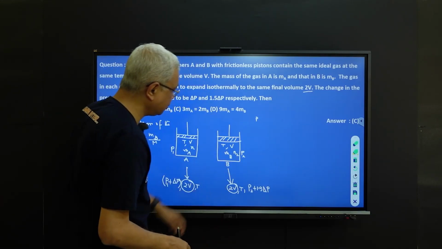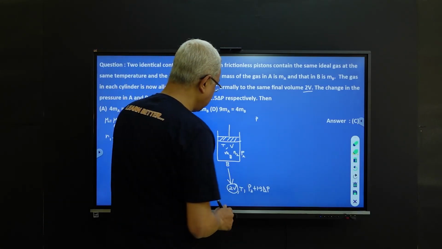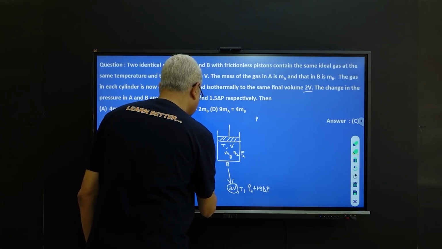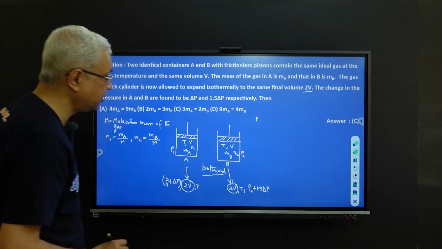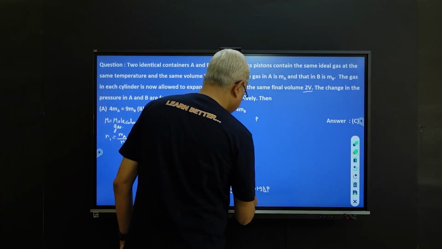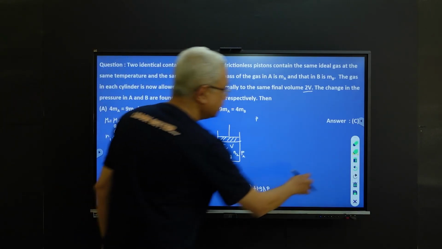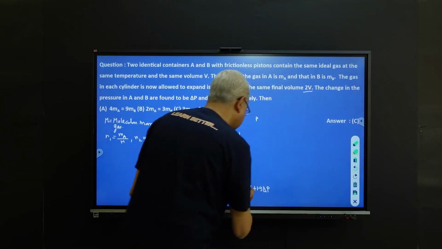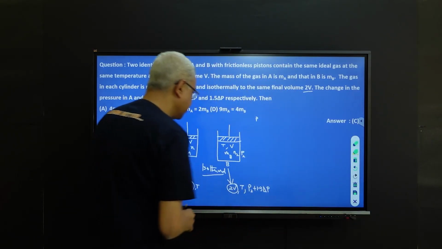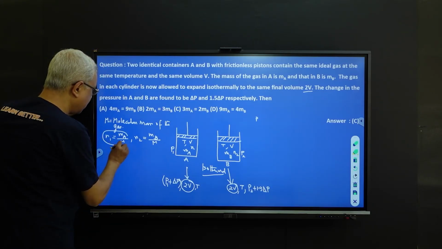It is expanded isothermally, the volume becomes 2V, and the temperature remains T because it's an isothermal expansion. That means the temperature remains constant during the process, and the pressure is P2 plus 1.5 delta P. It is given.